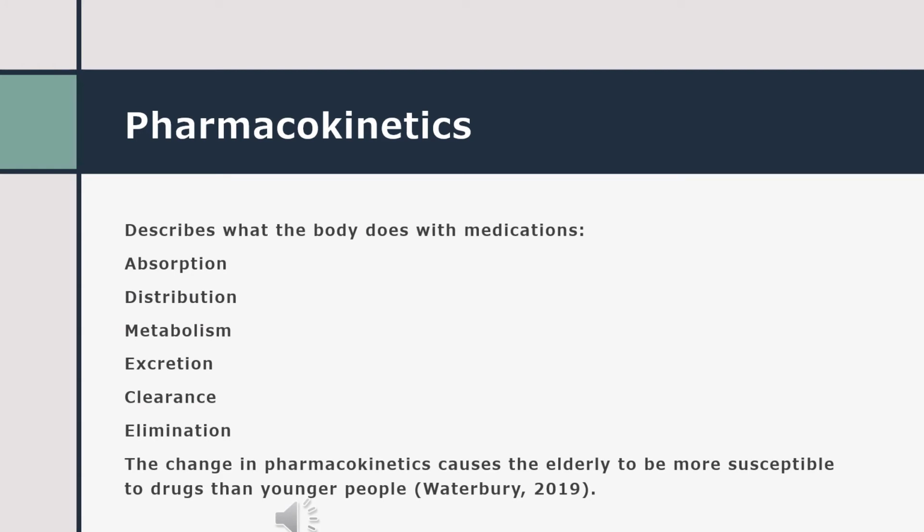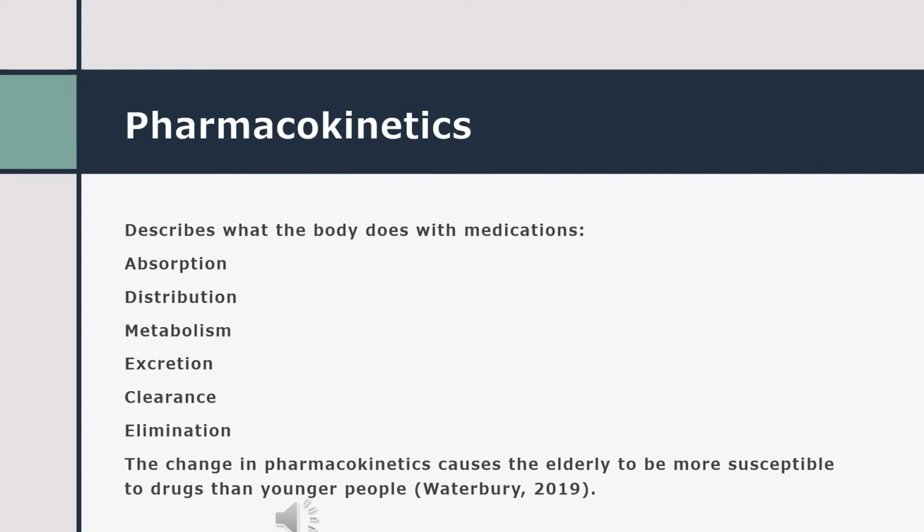Let's examine what pharmacokinetics means. This term covers the areas in the body of absorption, distribution, metabolism, excretion, clearance, and elimination. So the elderly person has a change in pharmacokinetics, which causes them to be more susceptible to drugs than younger people. Their body does not metabolize the drugs as effectively due to the decrease in their liver function.